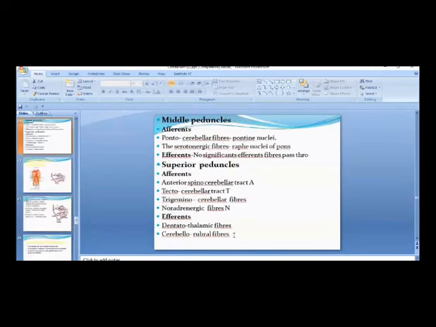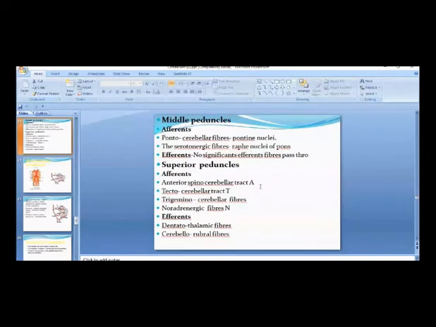Now, the middle cerebellar peduncle, it's very easy. Middle cerebellar peduncle has no enemy, so that means it doesn't have efferent fibers. But as the middle cerebellar peduncle is connecting towards the pons, the fibers will be pontocerebellar fibers coming from the pontine nucleus and the cerebellar fibers from the raphe nuclei of the pons.